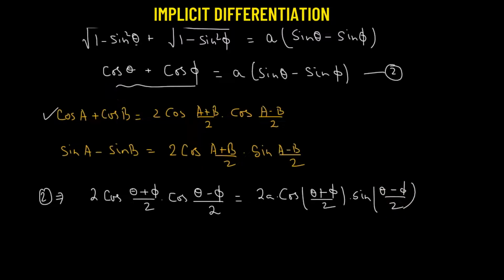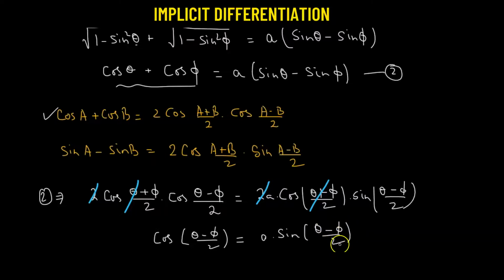So immediately we can see we have 2 times cosine of (theta plus phi) over 2 cancelling out from both sides, and that leaves us with cosine of (theta minus phi) divided by 2 equal to a times sine of (theta minus phi) divided by 2.